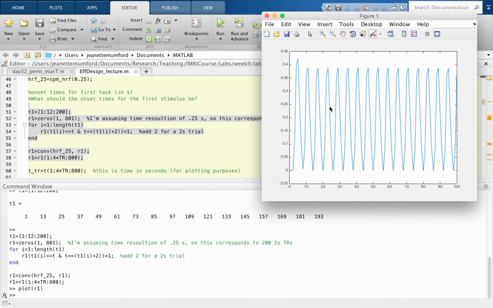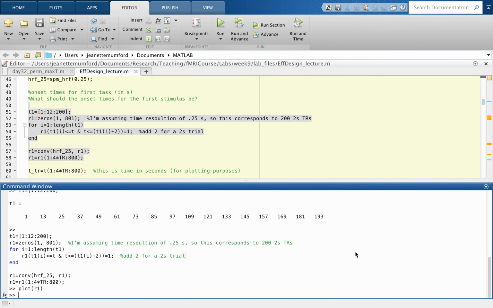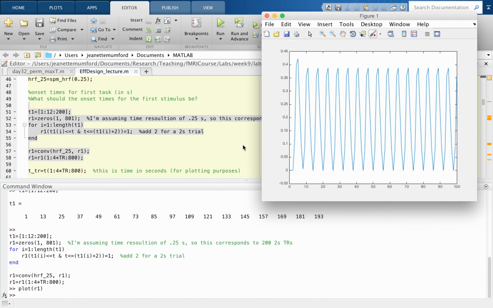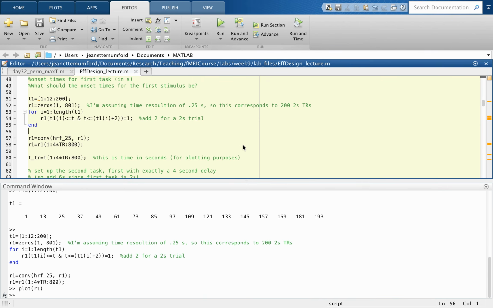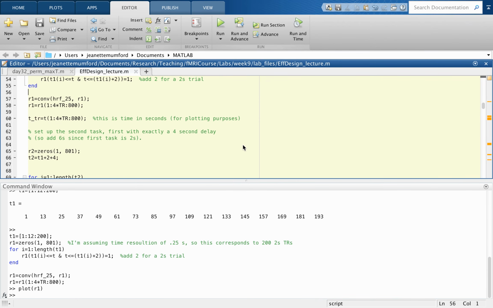There it is. There's our first regressor. Beautiful. So that's for the stimulus. And now this is just a vector for time in the resolution of the TR for plotting purposes.